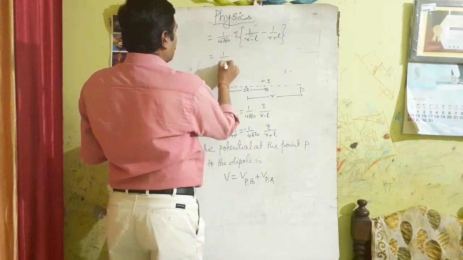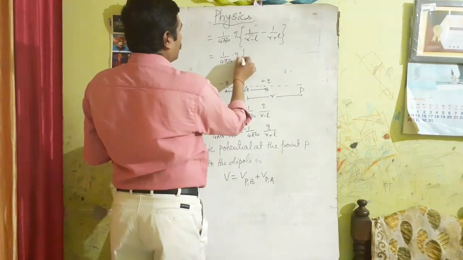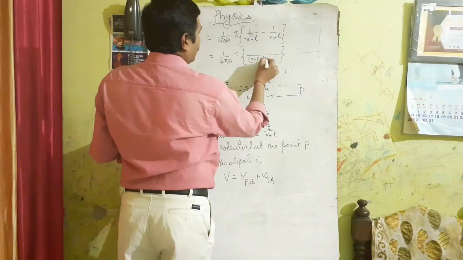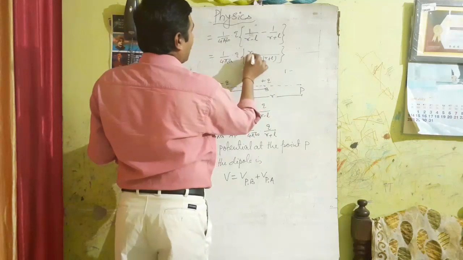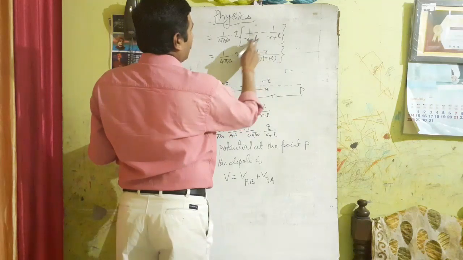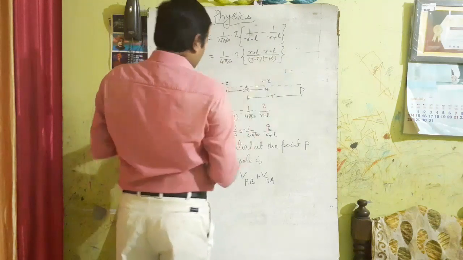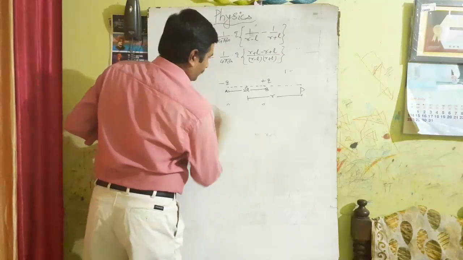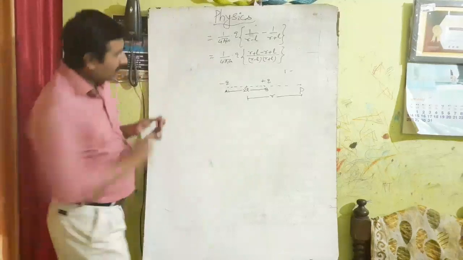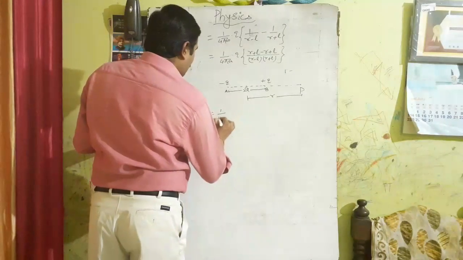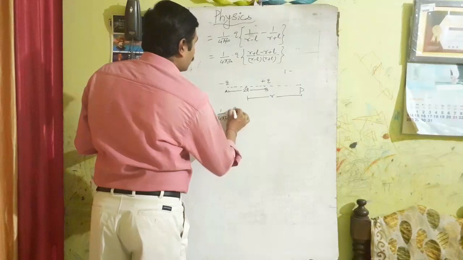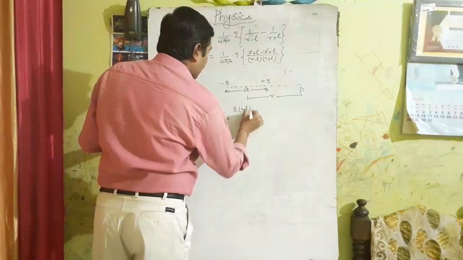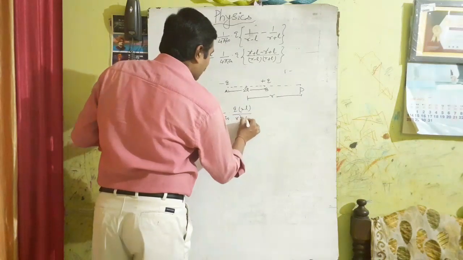1 by 4 pi epsilon naught, q. Its LCM will be r minus l into r plus l. This will be r plus l minus r plus l. After that we will get 1 by 4 pi epsilon naught, q. You see the r and r cancel out. This will be 2l. So q into 2l by r square minus l square.